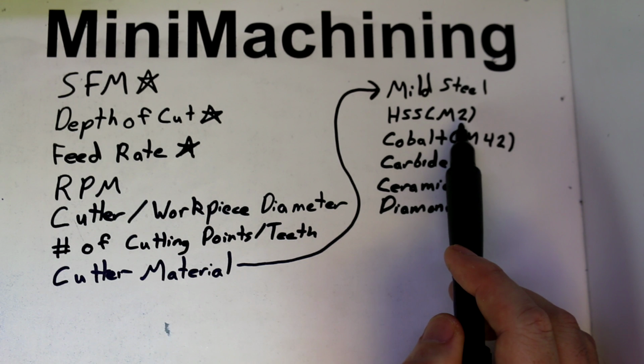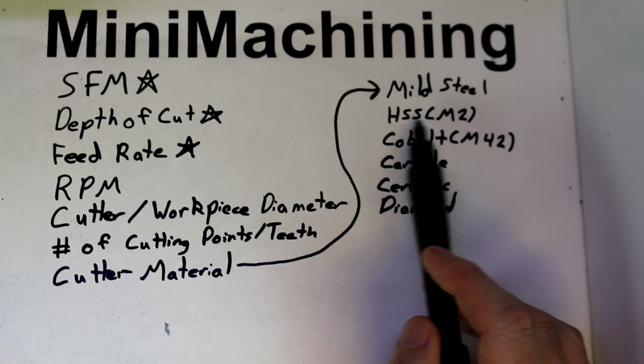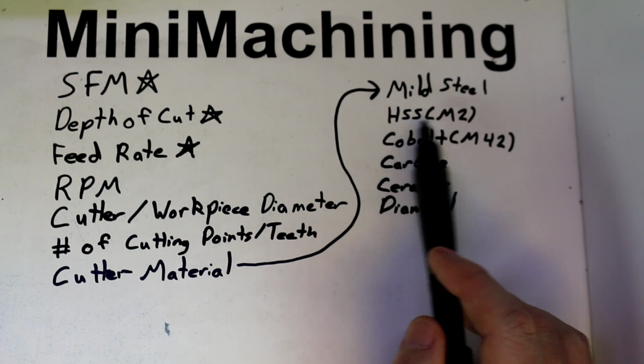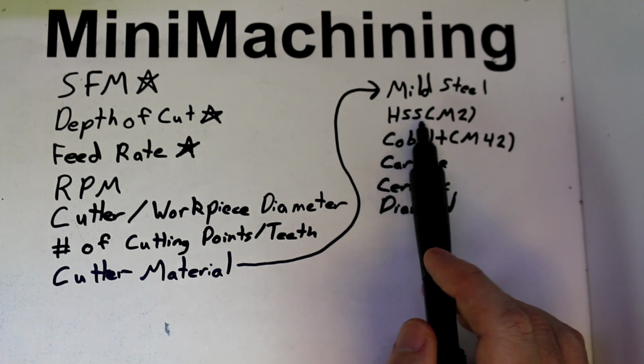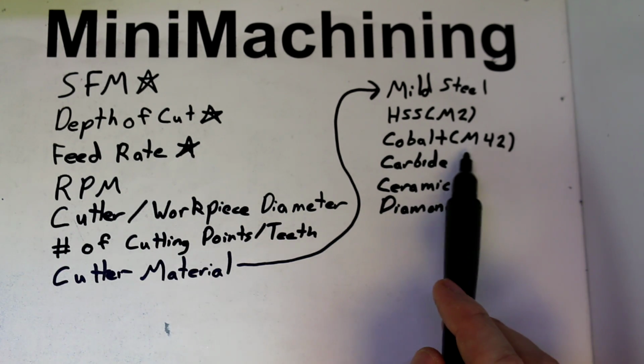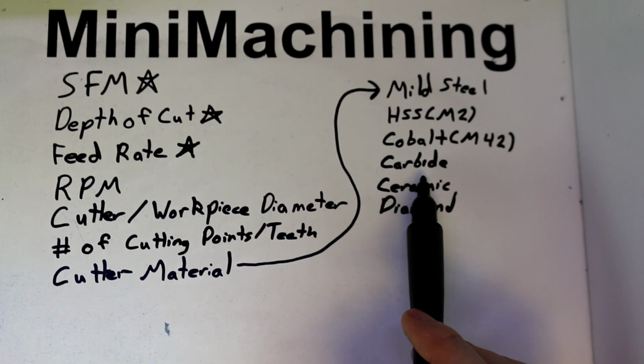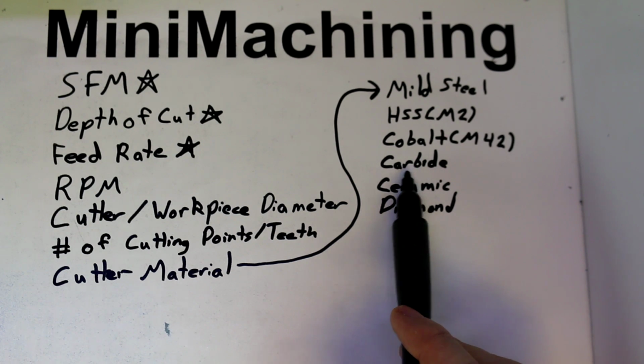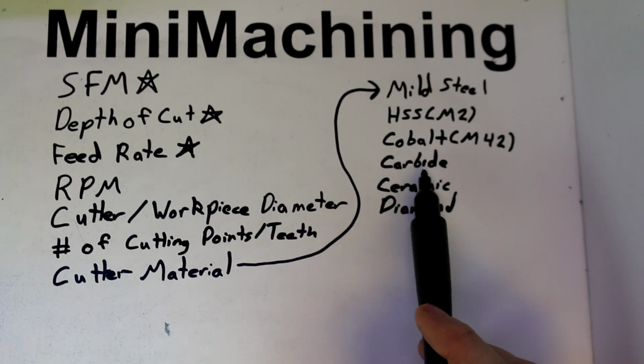High-speed steel, such as M2. Not all high-speed steel is equal. Some, again, lower quality high-speed steel tooling may not specify what they're made out of, and you're just playing a little bit of a guessing game there. Cobalt steel, such as M42. Carbide, which there are so many different variations on carbide and tungsten carbide that this can really come into play.